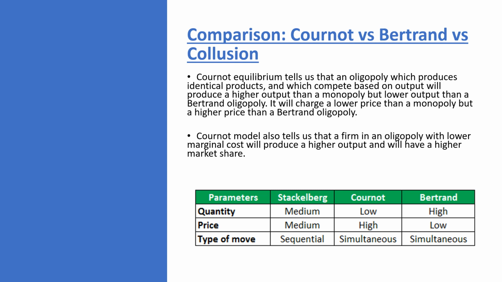And I'm sure you can figure out why that is, because in a Bertrand oligopoly, where they're competing solely on price, it becomes a bit of a race to the bottom, where price is the only differentiator, whereas Cournot's equilibrium will compete on output. And the Cournot model also tells us that a firm in an oligopoly with a lower marginal cost will have higher output and will have higher market share.